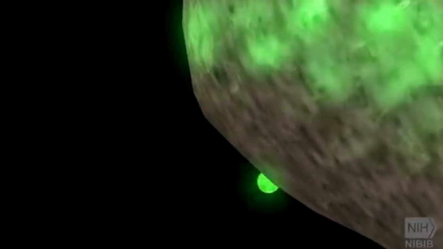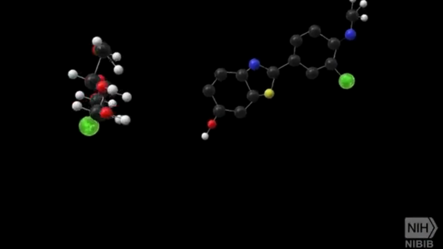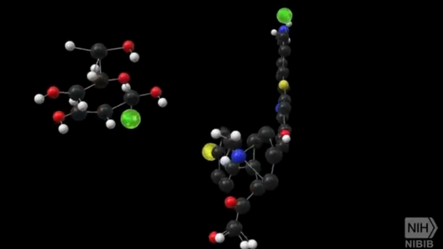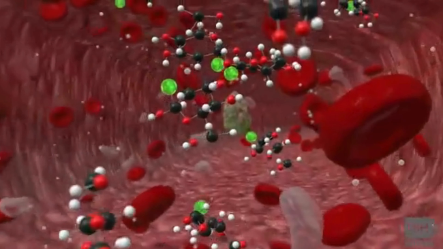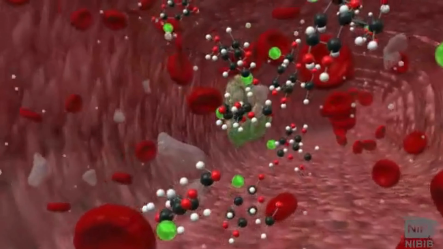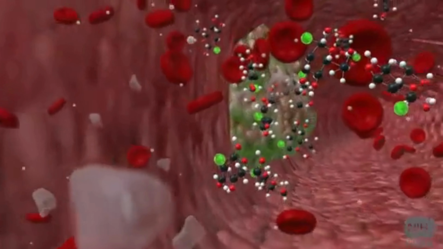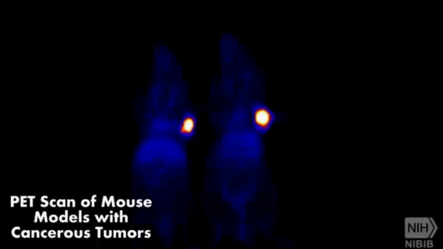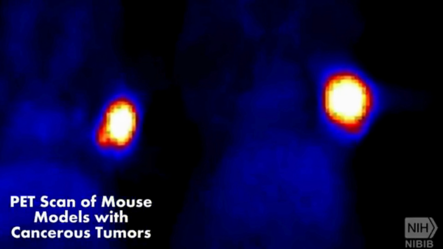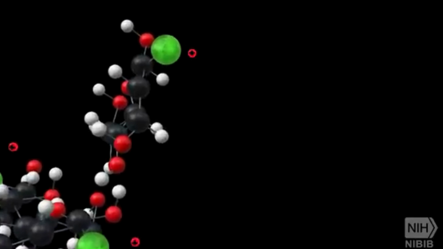After administration, the compound distributes throughout the body according to its biochemical properties and target specificity. A defined uptake period allows the tracer to accumulate in tissues of interest, such as metabolically active tumors or receptor-rich regions of the brain. Imaging is performed using a PET scanner that detects pairs of 511 keV gamma photons generated by positron-electron annihilation events.